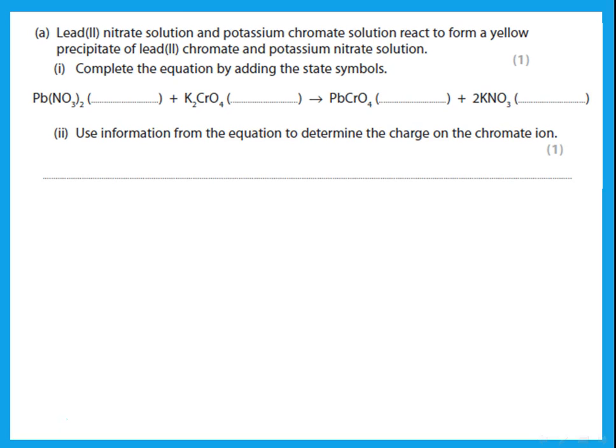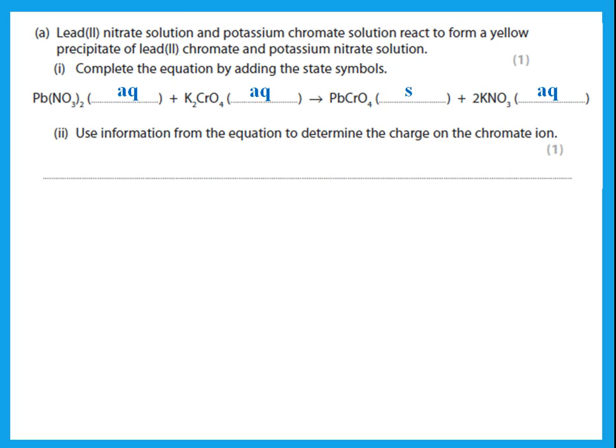Lead nitrate, he tells me it's a solution. And that means that it is aqueous, except for the lead chromate, which is solid. We said the lead chromate is a precipitate, a solid that forms in the reaction. So lead chromate is a solid, and everything else is a solution, so that is aqueous. Do we understand how to write state symbols?